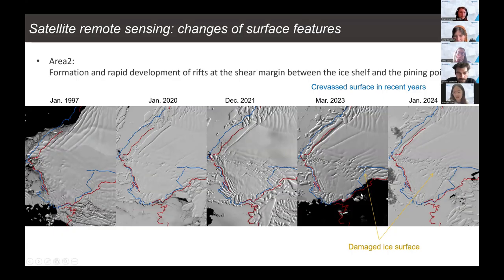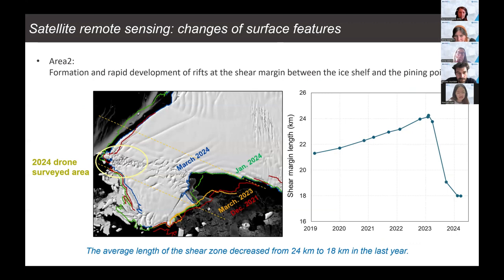We can see it from the satellite image. And since 2023, several calving events have occurred in the western part of the shear zone, which weakened the connection between the ice shelf and the pinning point.